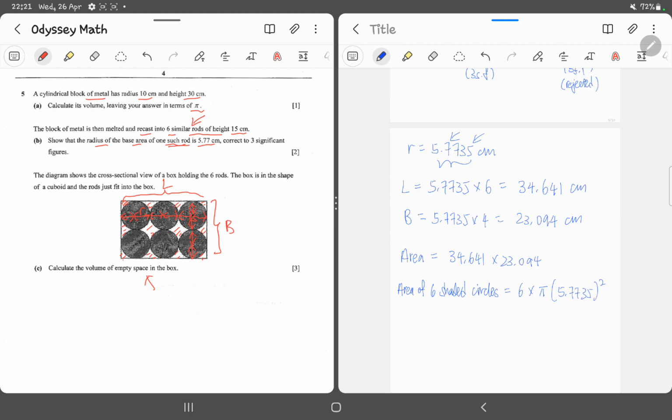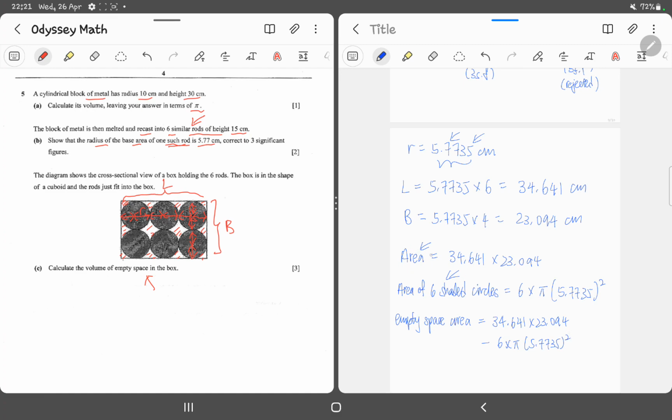So if we take the area of this rectangle minus the area of the 6 shaded circles, then we can find the empty space area, which is 34.641 times 23.094 minus 6 times pi times 5.7735 whole thing squared.